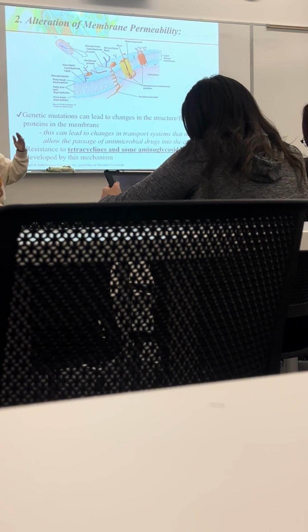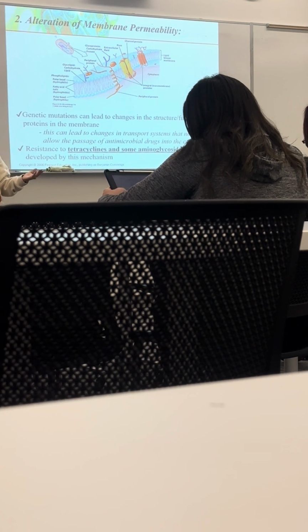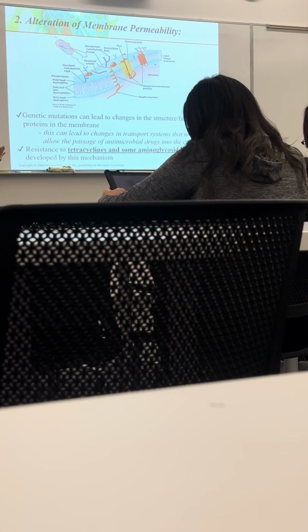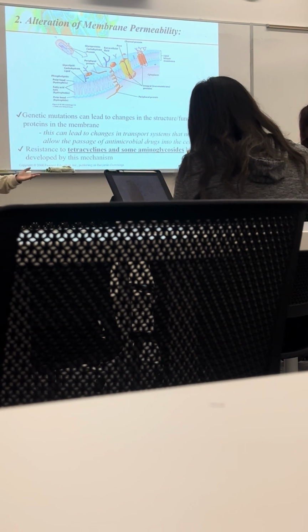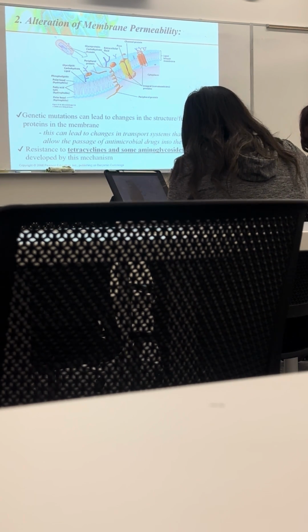That permeability, the ability to allow some things to come in or out, if we make it more difficult, more rigid, not as loose, then the polymyxins can't come in. If polymyxins can't come in, then you can't make the holes, so it doesn't work. And this is through a genetic mutation, which changes that membrane permeability.